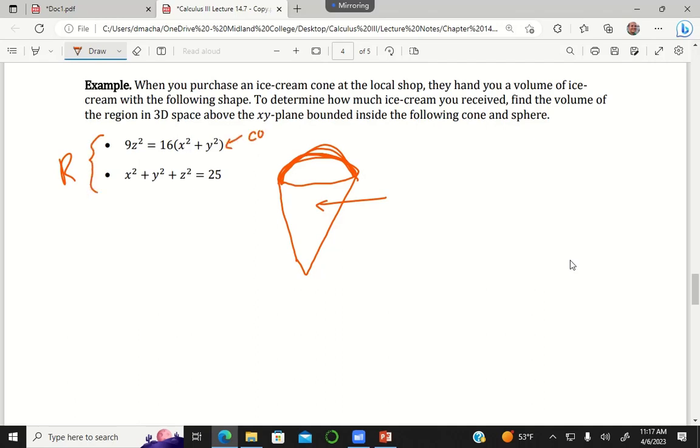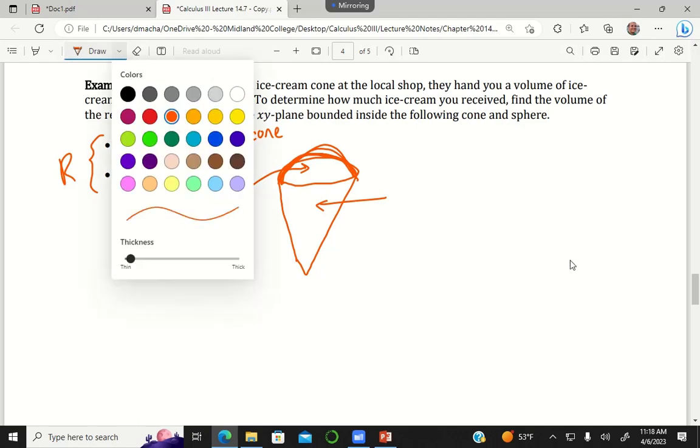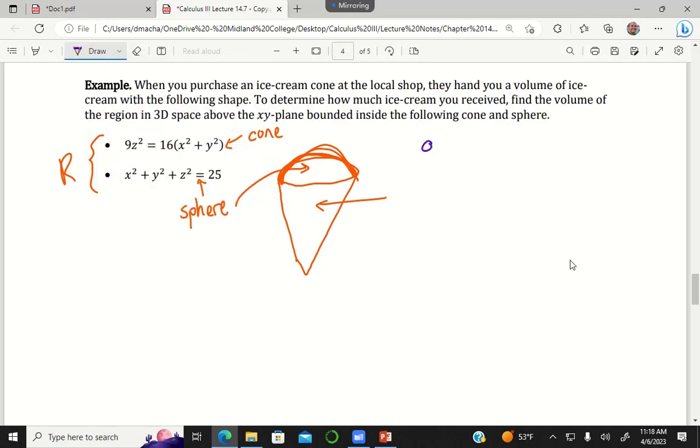this is the equation for the cone, and this is the equation for the sphere that tells you how much ice cream is left on top. I want to graph this on GeoGebra.